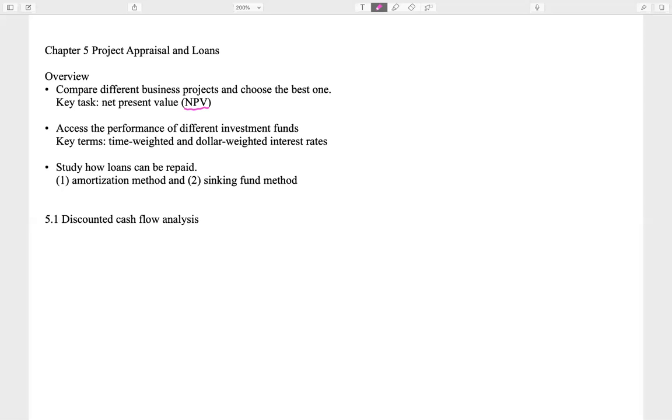In the second objective, we learn how to assess the performance of different investment funds. For instance, once you get a job, you will need to deposit some of your earnings into a retirement account. You have some kind of control over your own retirement account, not full freedom like picking stocks, but you can choose different investment styles.